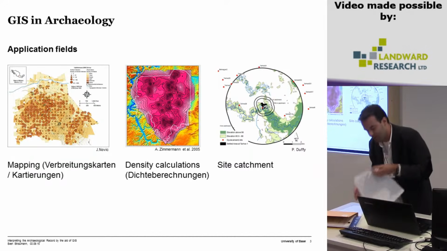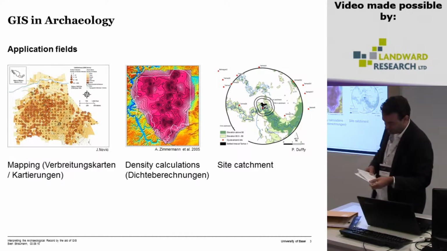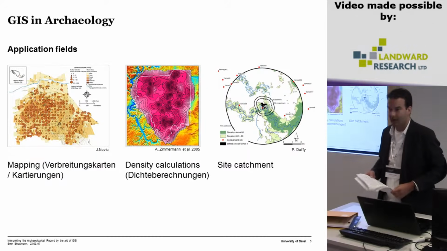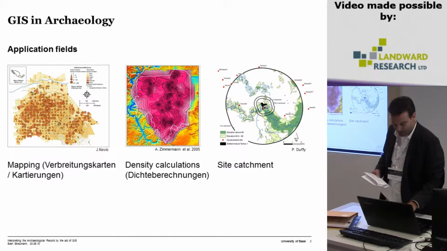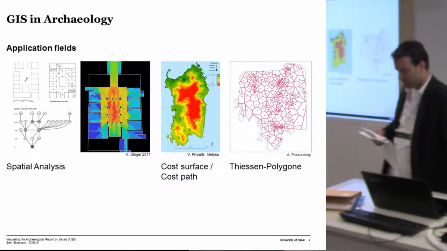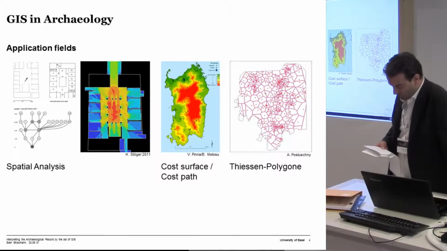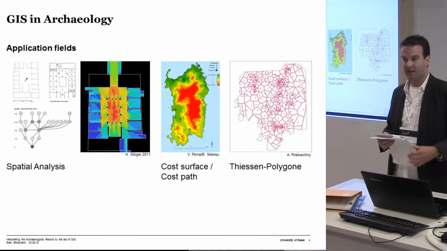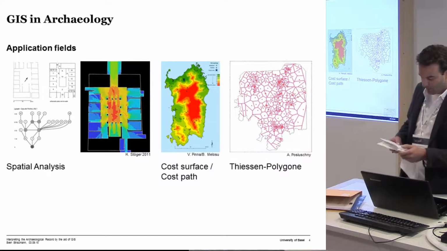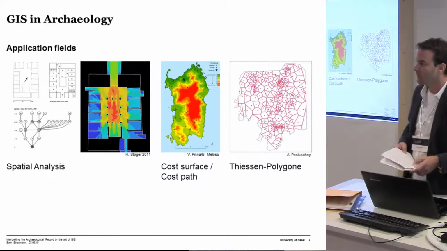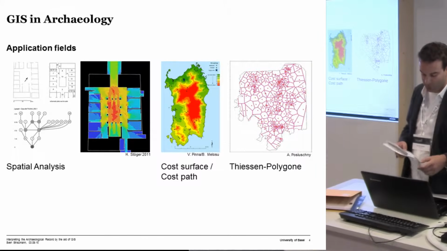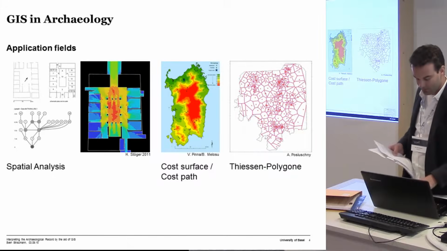The areas where it's used in practice include, for example, mapping, density calculation, spatial analysis, cost surface analysis, ongoing data management during excavations, and assisting with heritage site management. Here, however, I would like to concentrate on one particular case study from the Roman town of Augusta Raurica.